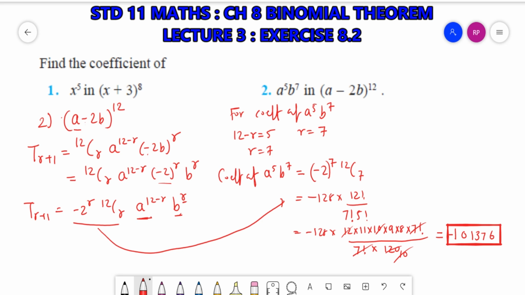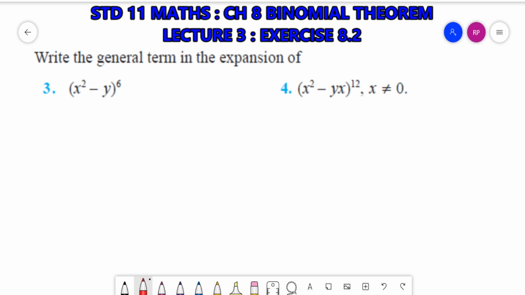Now let's move to the next. Write the general term in the expansion of the third, (x square minus y) whole raised to 6. The formula for general term T_{r+1} equal to n C_r a raised to n minus r b raised to r.